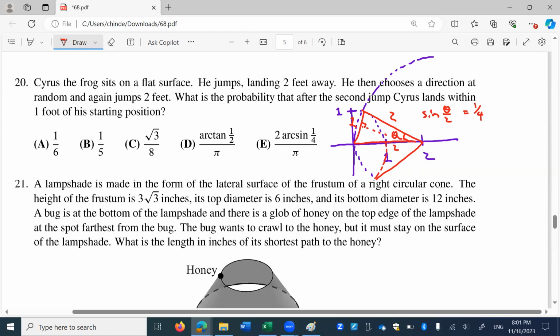And my answer is going to be, well, I've got 4 copies of theta over 2, so I'll write it's 4 times theta over 2 divided by the 2 pi possible directions that you could have jumped. So theta over 2 is arc sine of 1/4, and then 4 over 2 is 2, so it's going to be E.